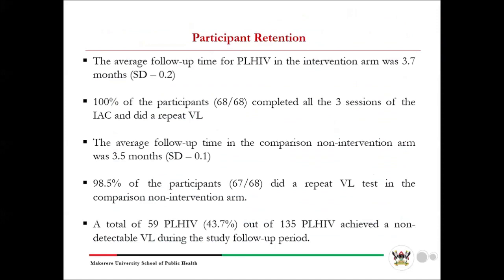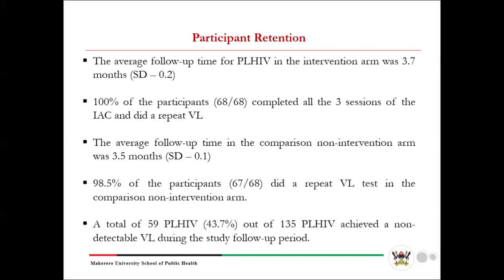And looking at the results, our participant retention was very good. The average follow-up time was 3.7 months, and 100% of the participants in the intervention group completed all the 3 sessions of intensive adherence counseling and actually did the repeat viral load.